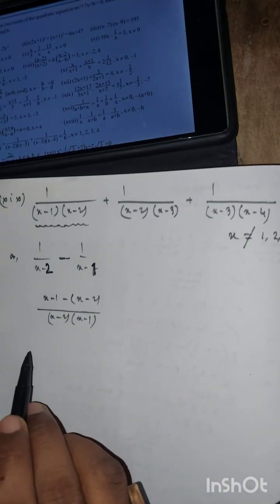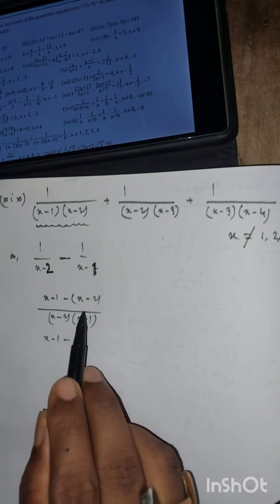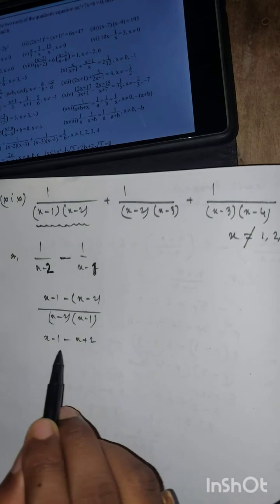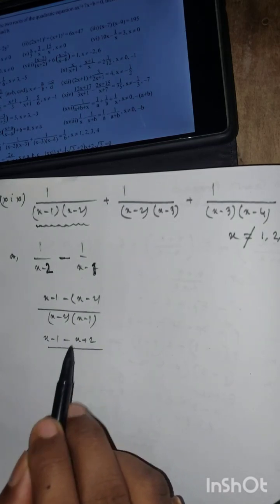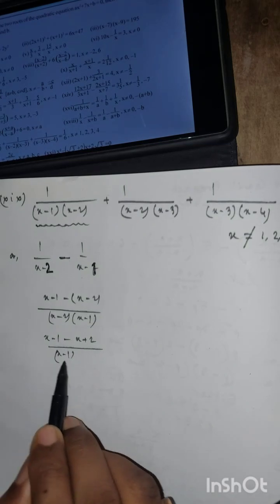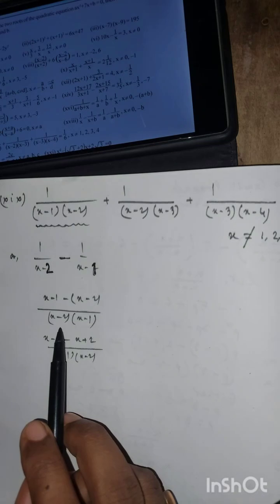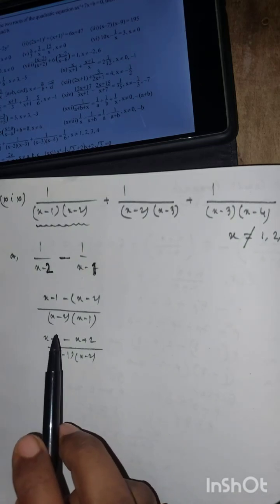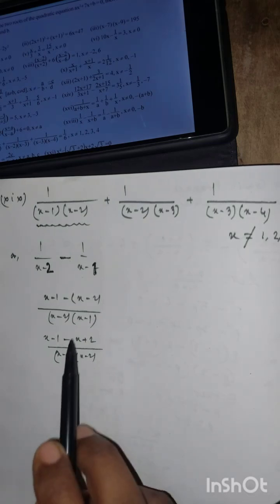Now if we open the bracket, we can write it like this: x minus 1 into x minus 2. Something, x minus 2 into x minus 1 and x minus 1 into x minus 2, both are same.